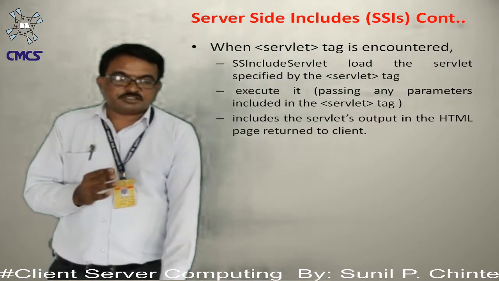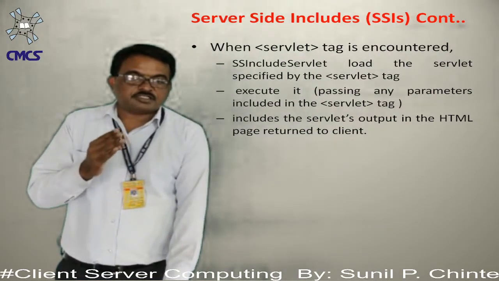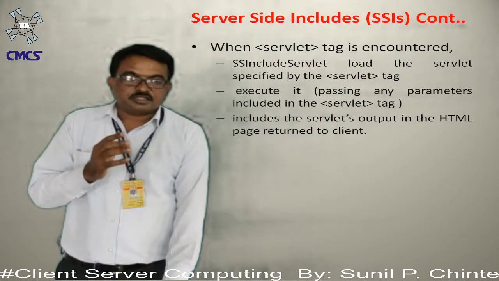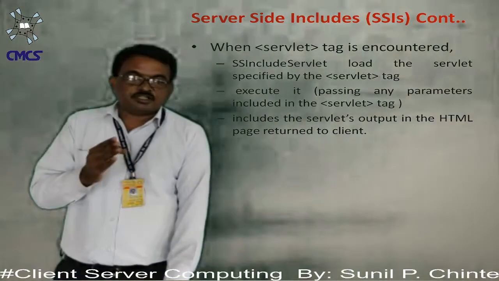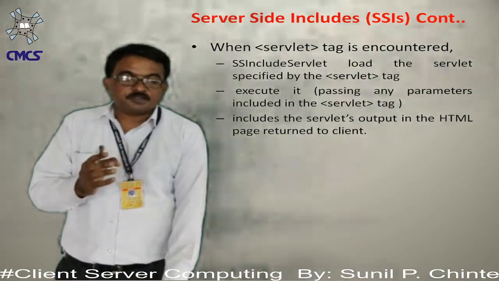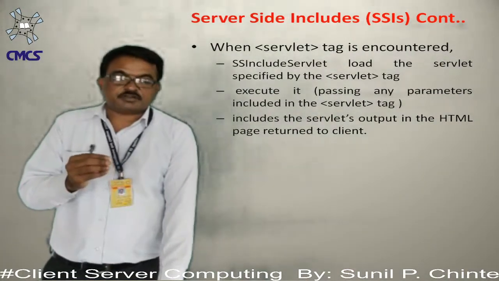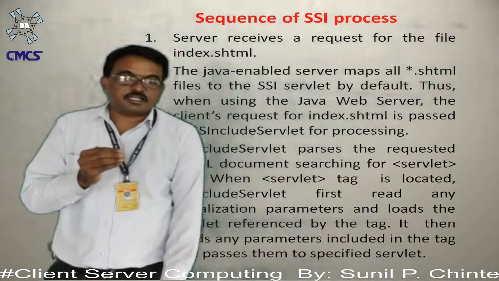We save that file with the name having an HTML extension. Whenever the file has HTML, it indicates that it has specific tags, called servlet tags or directives, that is called SSI directives.